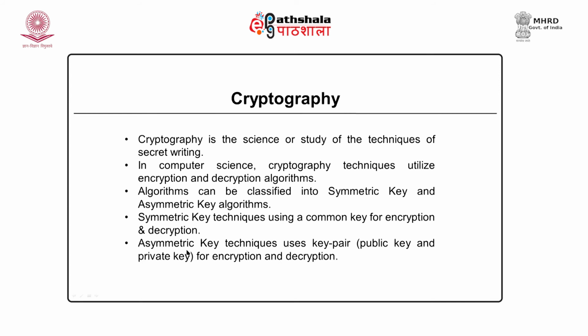A user will have a choice: either he can use symmetric key if he is likely to share keys with another person, or a user can also use asymmetric key, using a key pair where the public key is shared with some other user and the private key is with the owner, the user who is sending the data.